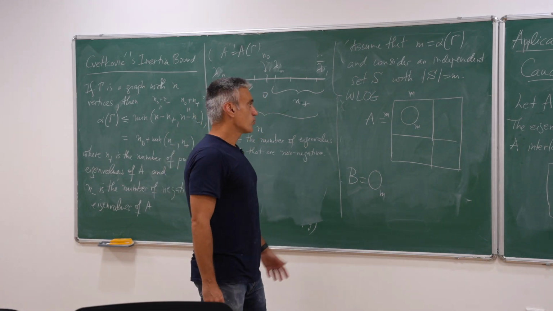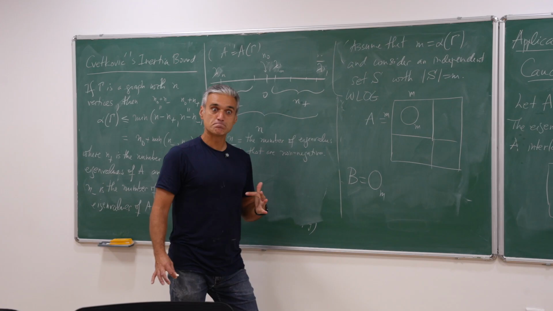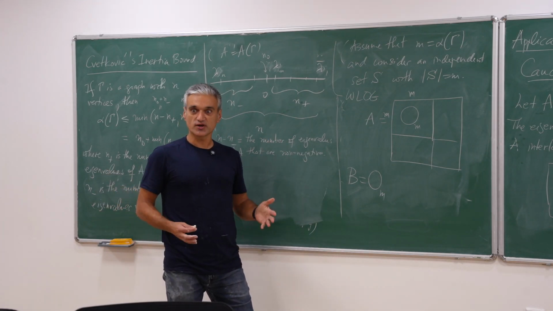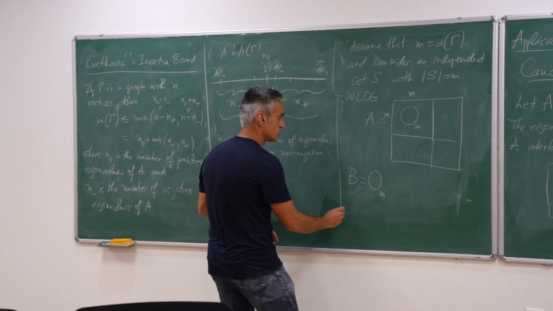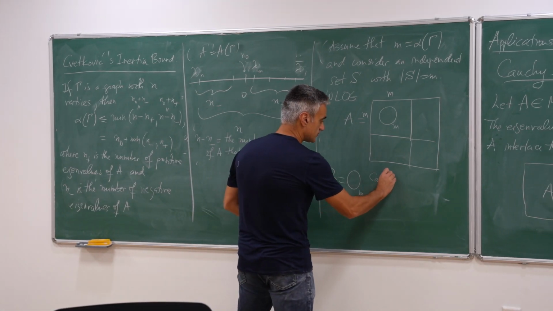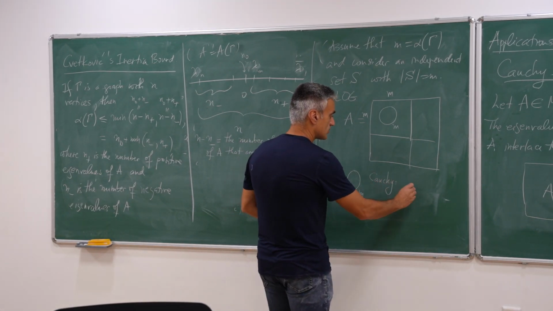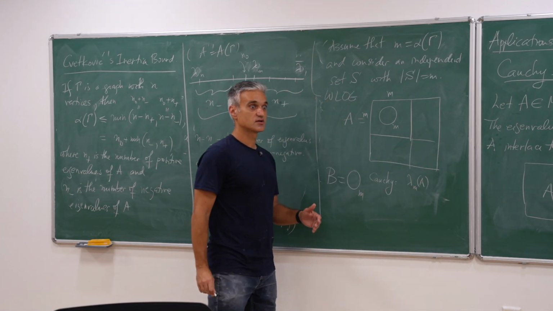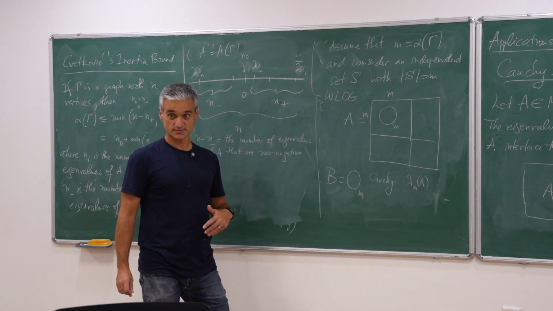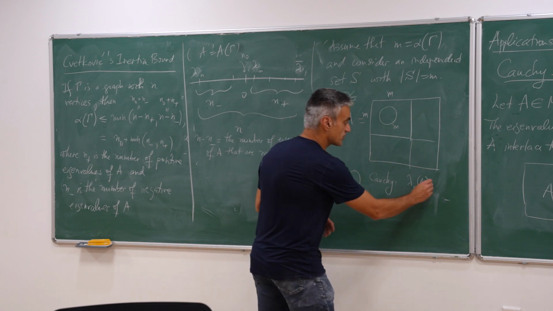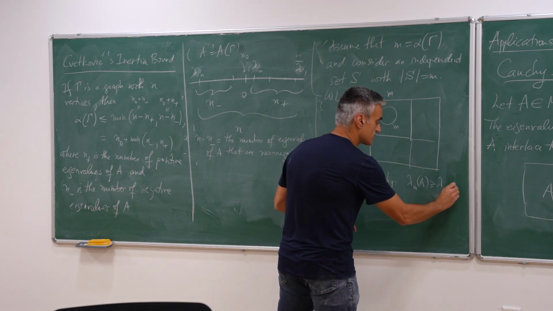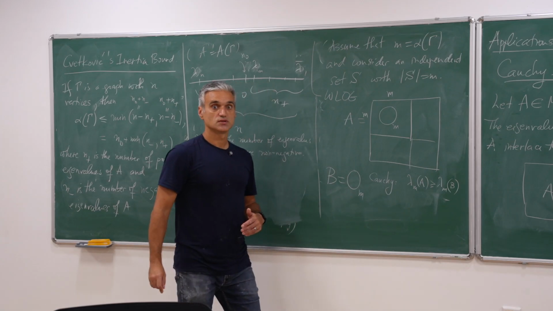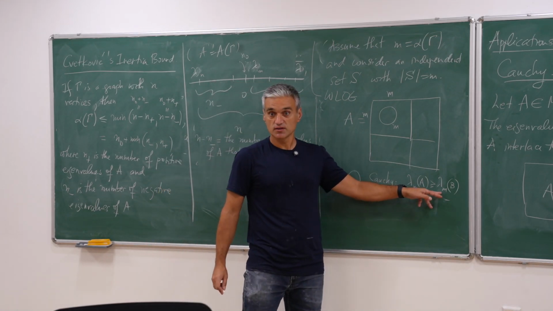So what does Cauchy interlacing tell you? From Cauchy, you can get that lambda_m, the mth largest eigenvalue of my graph, is greater or equal than the mth largest eigenvalue of B. What is the mth largest eigenvalue of B? 0.